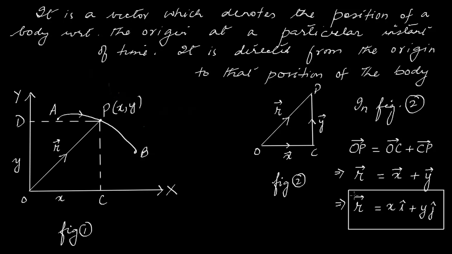Now suppose you want to find only the magnitude of this vector r bar. Now again, what do we mean by magnitude? By magnitude we mean the length of r bar. So in other words, the length of this line OP. So if we find the length of the line OP, we can get the magnitude of the vector r bar.